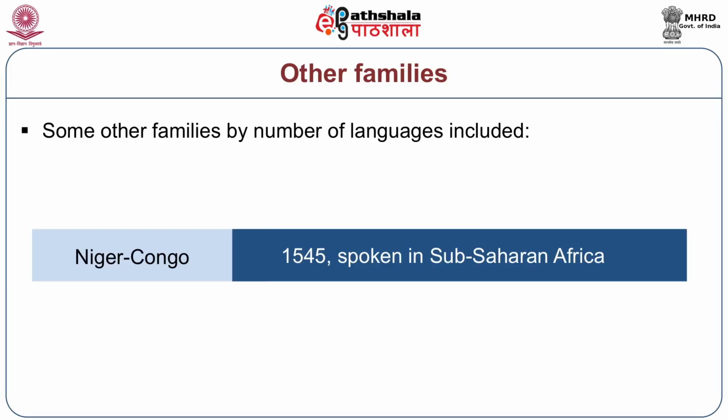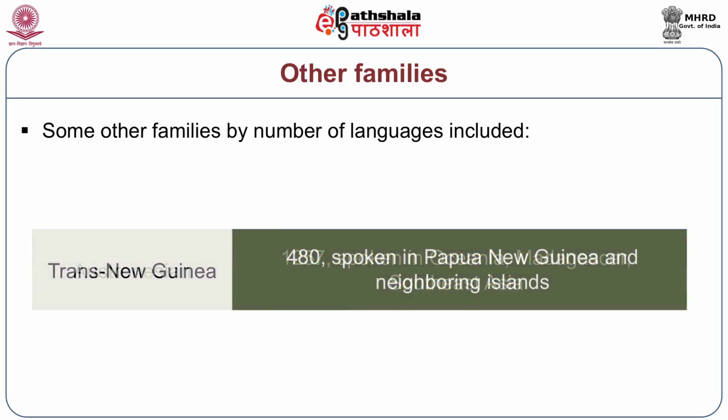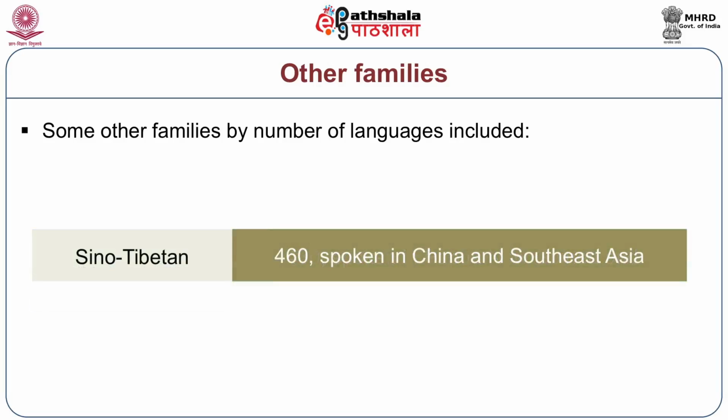Some of the other big language families of the world include Austronesian with more than 1,200 languages, Trans-New Guinea and Sino-Tibetan with again more than 450 languages.